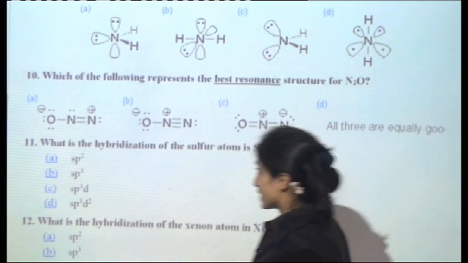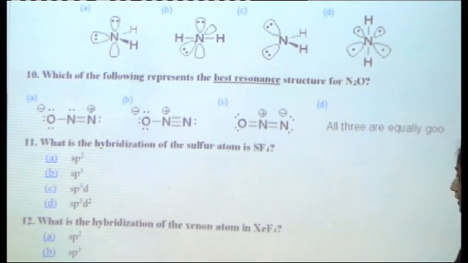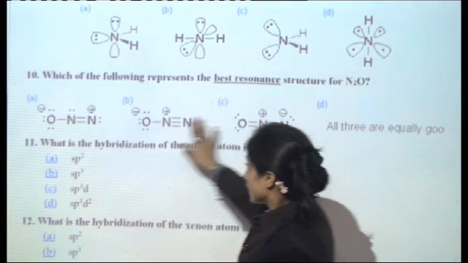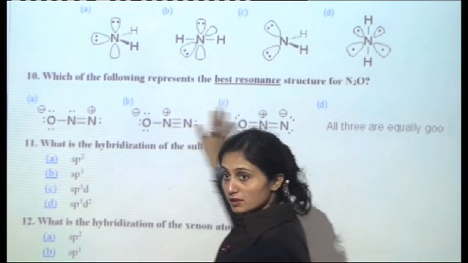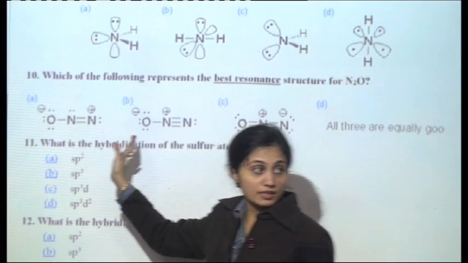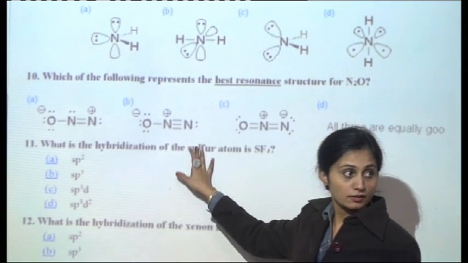B in this case will be the best suited. Otherwise for N2O you can draw the other structure as well. This is also a feasibility, but the best suited one will be this.